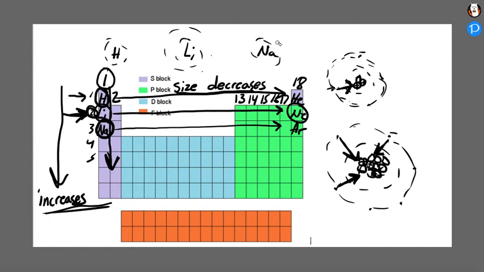Sodium has 3. It's at period 3 here, so it's got 3 energy levels. As we move down, we keep adding another energy level for those valence electrons, and so therefore that atomic radius is going to get bigger and bigger. We are adding protons each time, but the distance at which the valence electrons sit keeps getting farther and farther away. And so as we move down this way, it's going to increase.